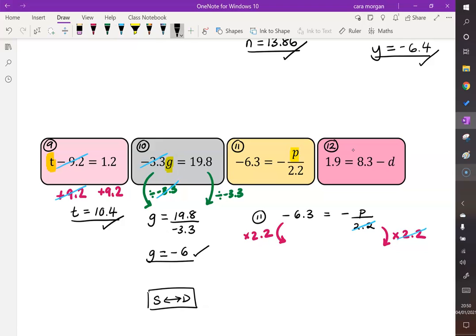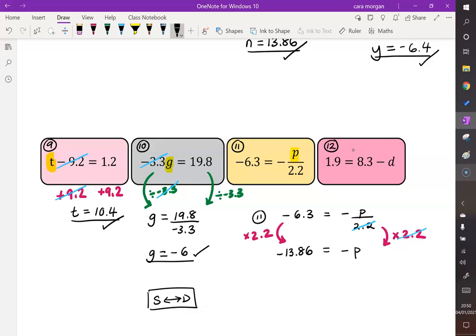But that's actually going to leave me not just a P, but also a negative on the right hand side. I'm going to get negative 6.3 and multiply it by 2.2. And that gives me negative 13.86.